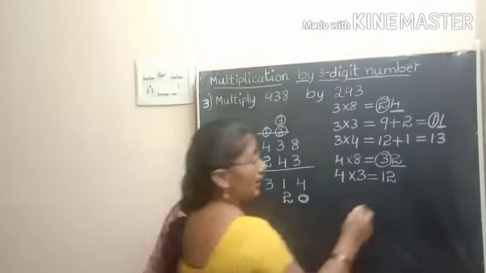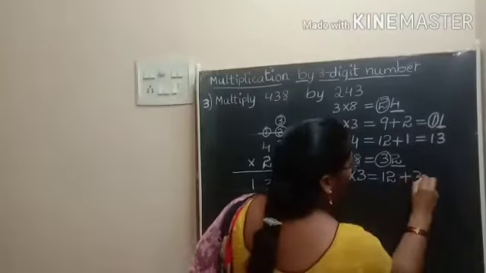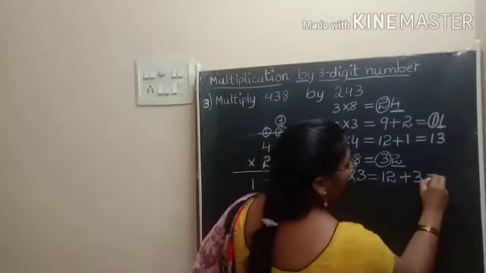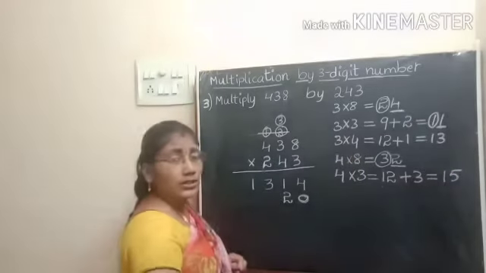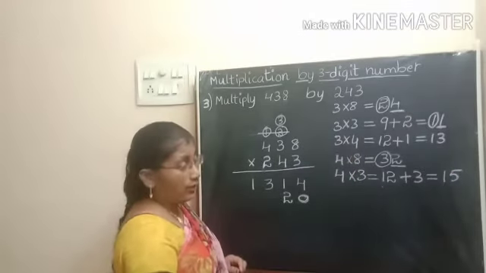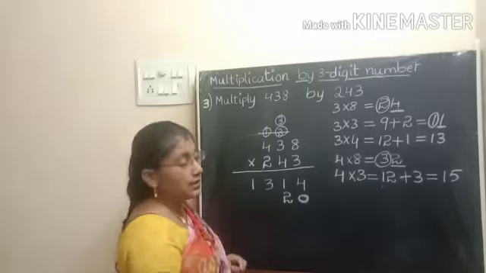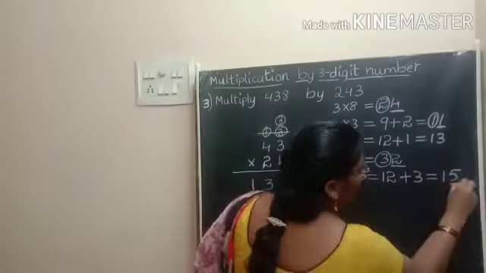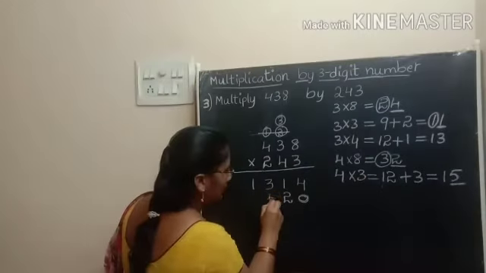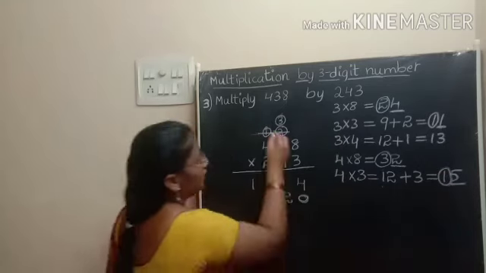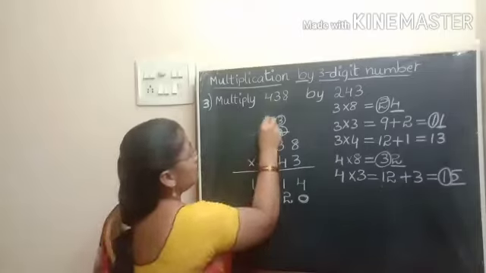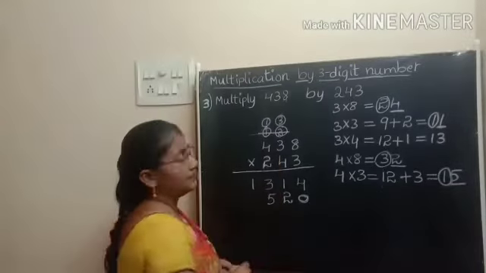Add that carry here. 12 plus 3 is equal to 15. But we need only single digit. So we have to write 5 as result and 1 as carry in the next place. So write 1 here as carry.